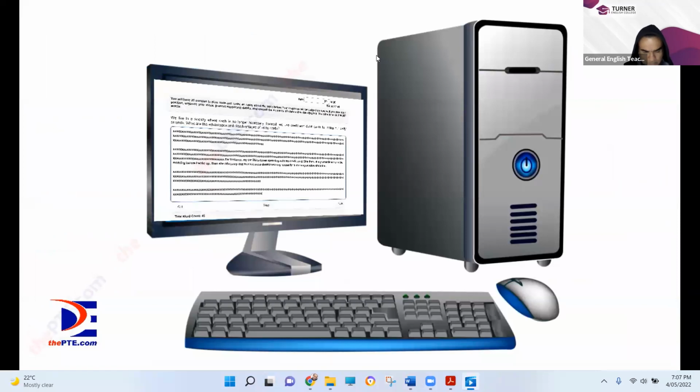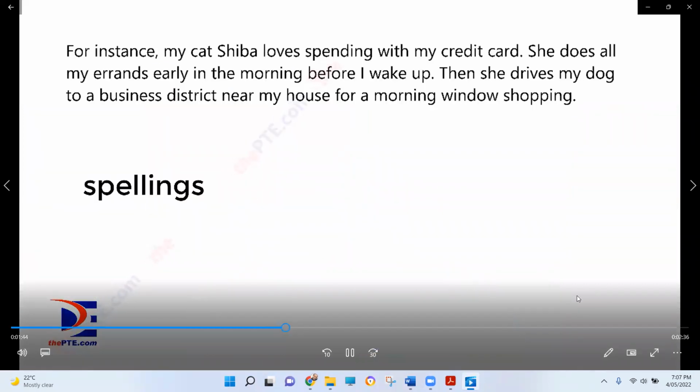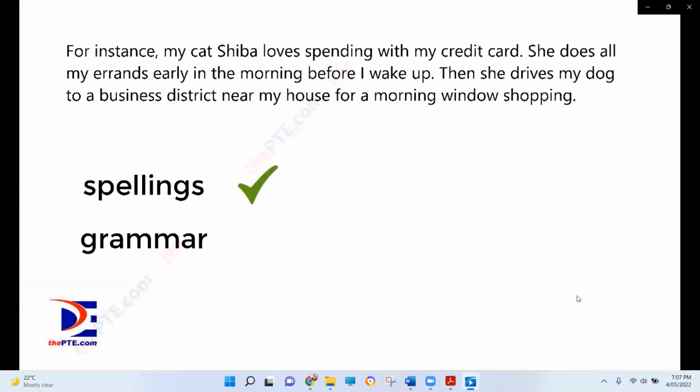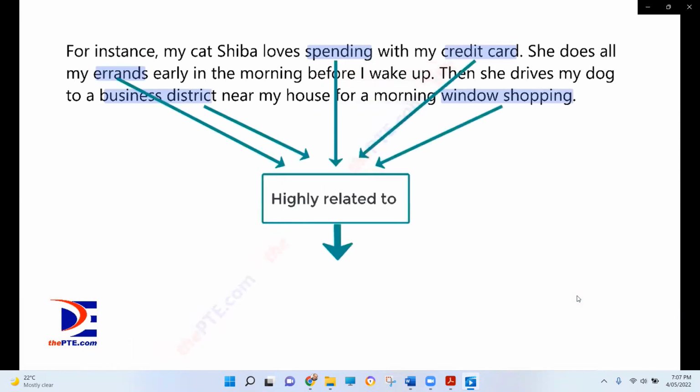So once the computer software analyzes this section, it finds all the spellings, grammar, and punctuation in order. Then the software finds the following words: spending, credit card, do errands, business district, and window shopping, highly related to the main theme of the essay topic, which is shopping.